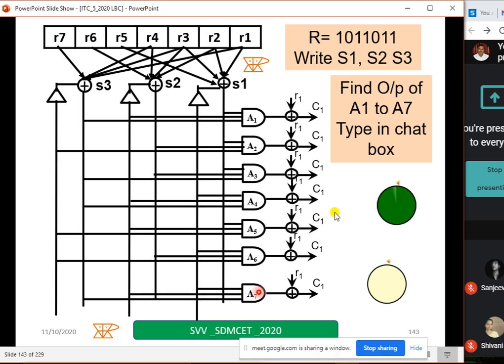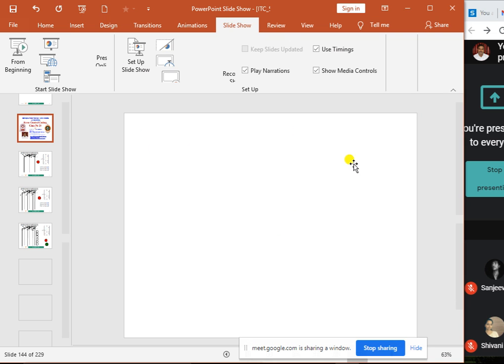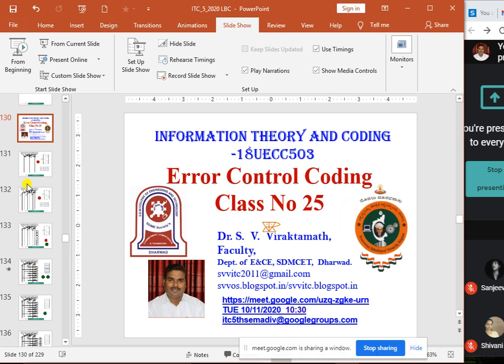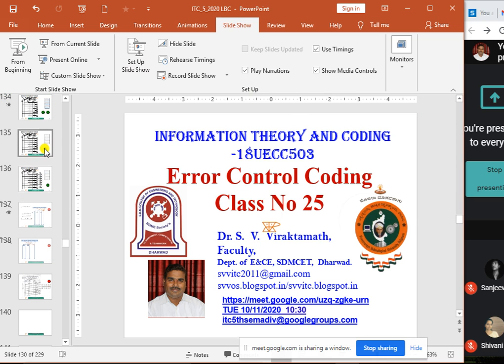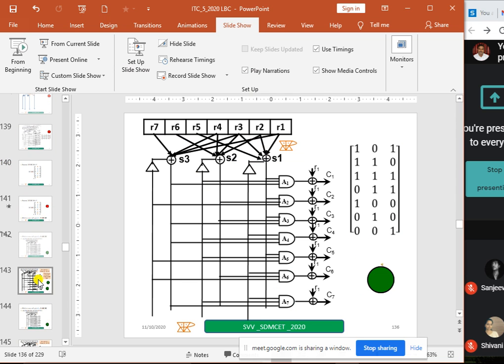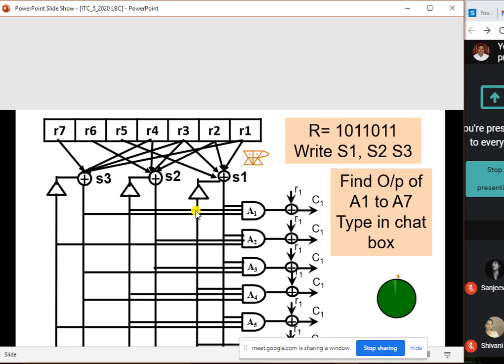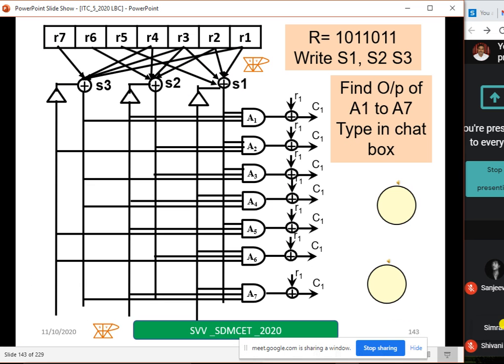Oh, my PPT is not working, I don't know why. Let me share again. The PPT is showing a little problem, give me a few seconds. Let me check whether the screen is visible or not.